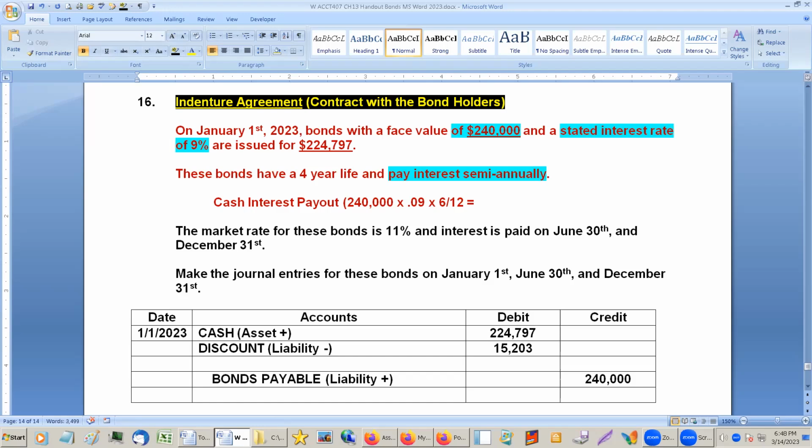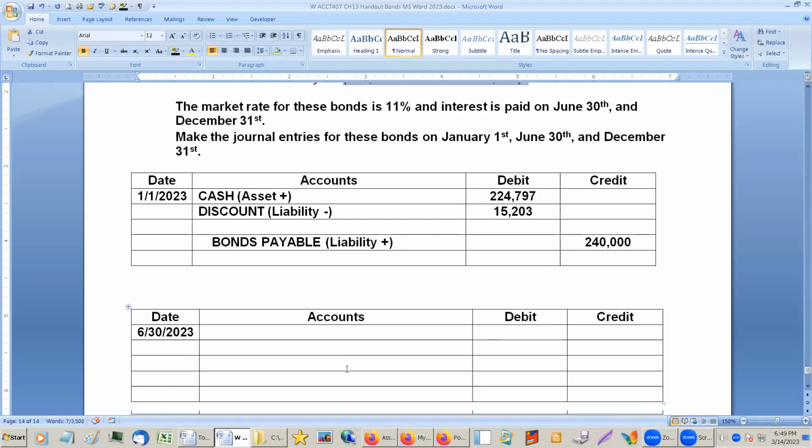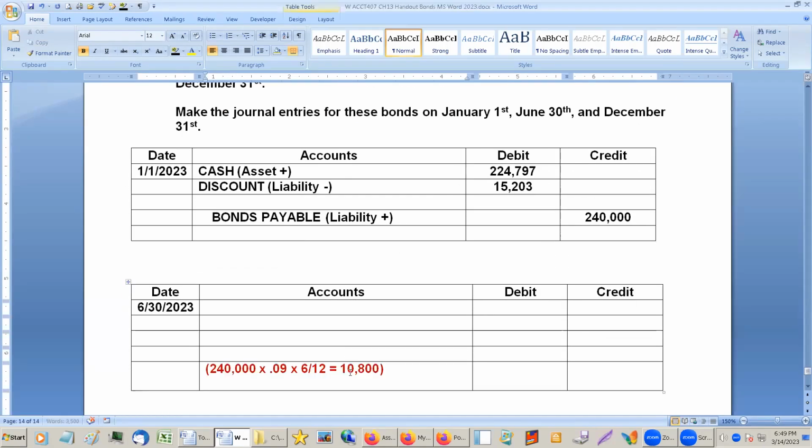Fine. $10,800. Okay, so this is our cash we're gonna pay out, and again, we said we're gonna pay that, we have to pay that, it's in the indenture agreement.